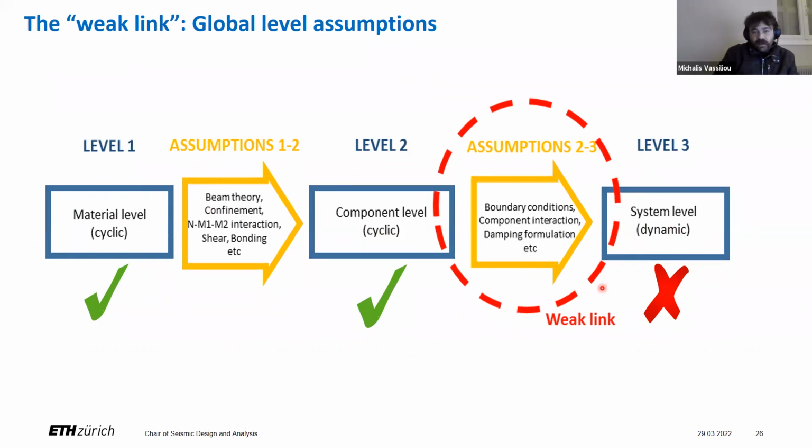Here is the weak link, because here we're doing well, here is where the mess is. The weak link, what I call the global level assumptions, is damping formulation, Rayleigh, non-Rayleigh, something else, component interaction, and boundary conditions.